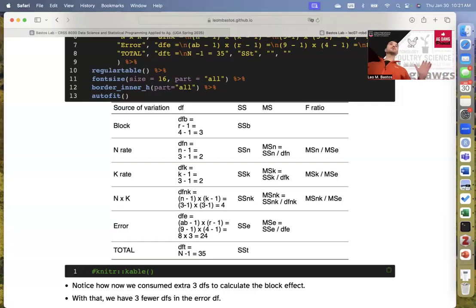However, it's better to run an RCBD with the best information you have, blocking in the right direction, coming back and having in your model that your block effect is not significant, you don't need your block. Maybe next time you can do a CRD, which then is going to be good for you because you move these 3 degrees of freedom that right now are going to block. They're going to fall into the error for next year's analysis.